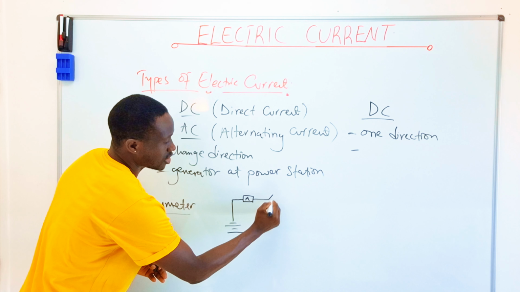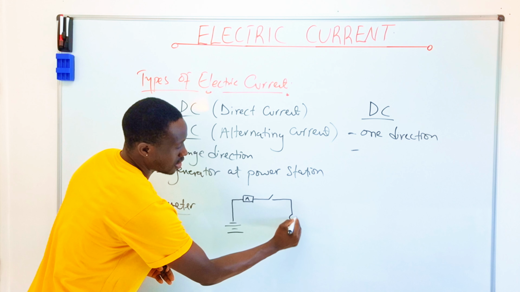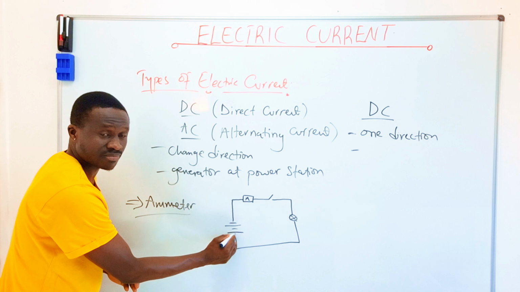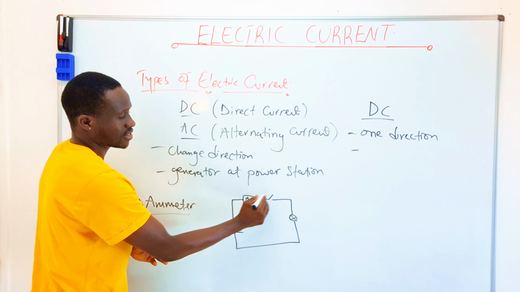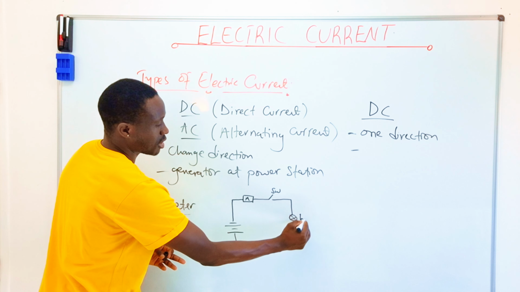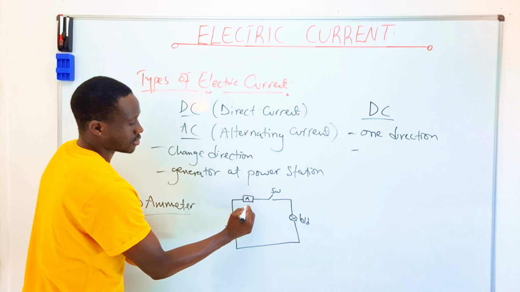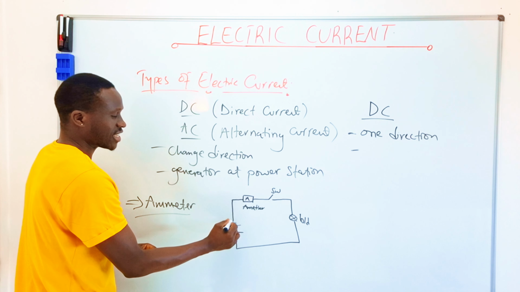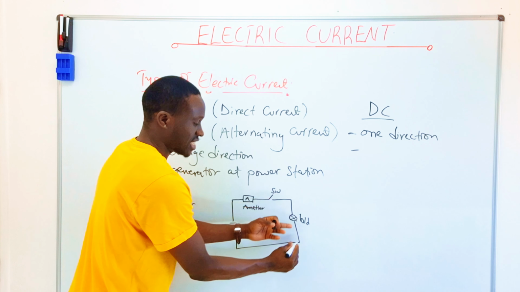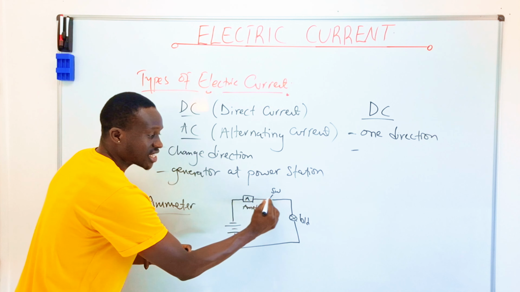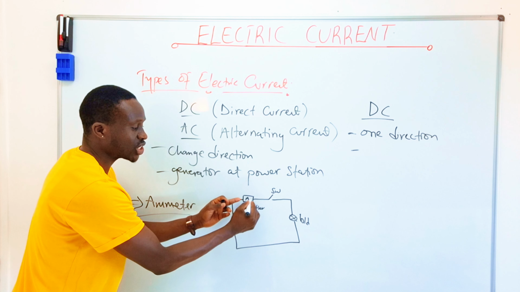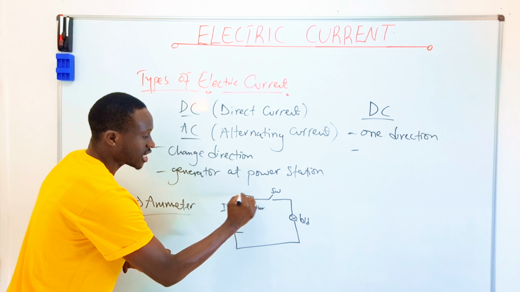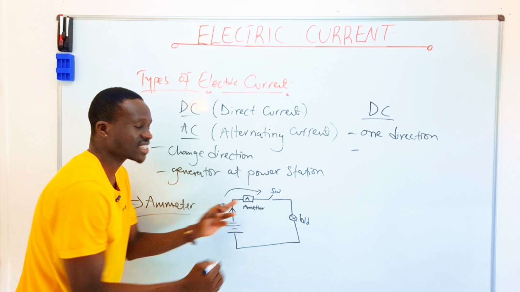This is the switch, this is our bulb, and the circuit is complete. This is the ammeter. The ammeter is connected in series in the circuit diagram, and it will show you the current which is flowing in the circuit.